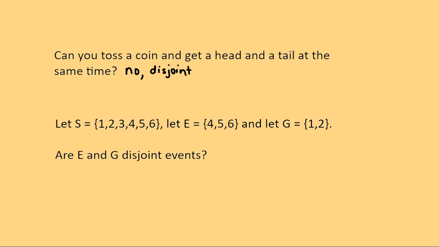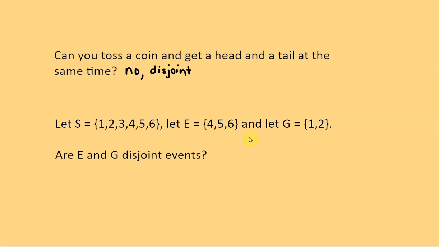Let S, the sample space, include 1, 2, 3, 4, 5, and 6. Let event E contain 4, 5, and 6, and event G contain 1 and 2. Are E and G disjoint events? Yes, the intersection of E and G is the empty set.